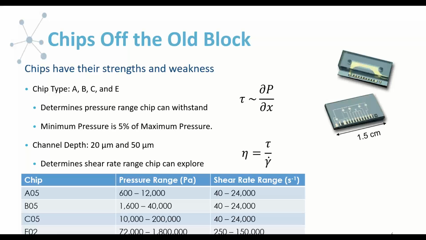And again, if you look at the final column in the table, you can see that the shear rates for the A05, B05, and C05 are the same, and that's because the shear rate range is dictated by the channel depth size. And then the E chip has the smallest channel depth, which is 20 microns, and it has the highest range of shear rates that it can explore.